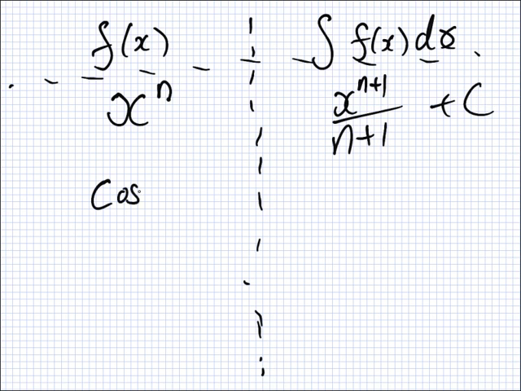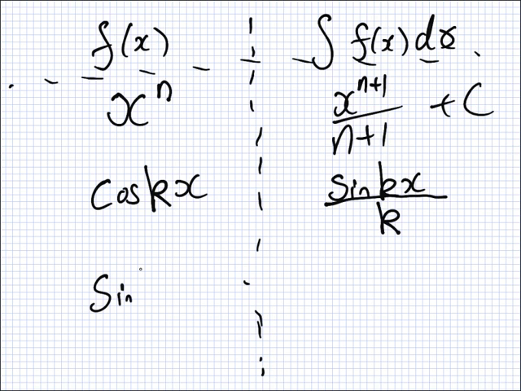Next one we'll do is cos kx. What did I use last time? K, wasn't it? Cos kx. That will be sine kx, not negative, but this time over k, plus c.